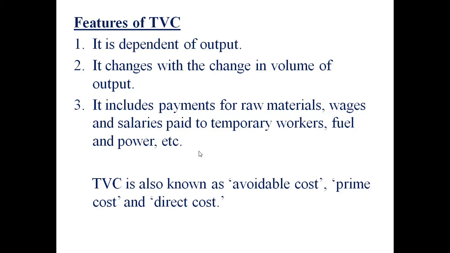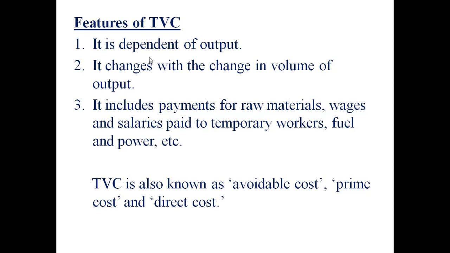The same has been explained by point number 2, that it changes with the change in volume of output. So if output is increasing, TVC also increases. If the output is decreasing, then TVC will also decrease. If output is 0, TVC can also be 0.